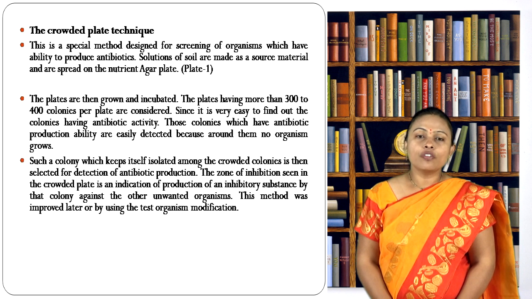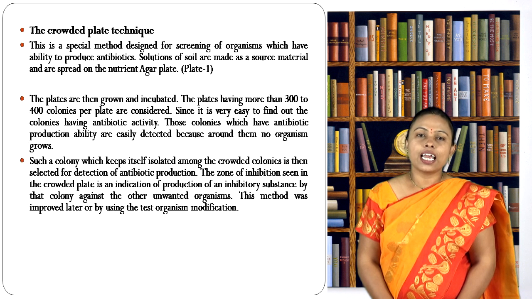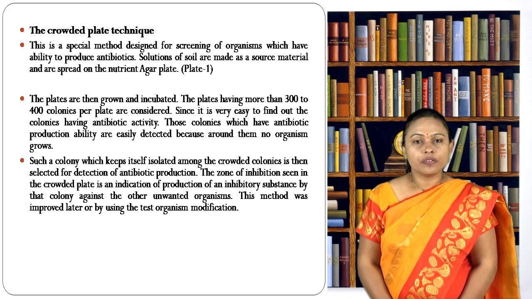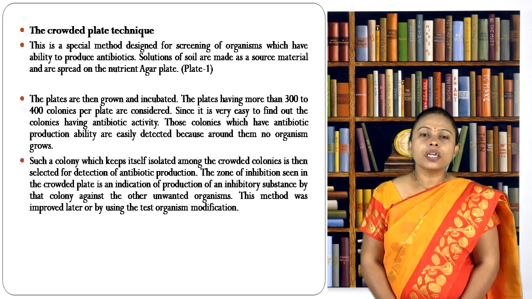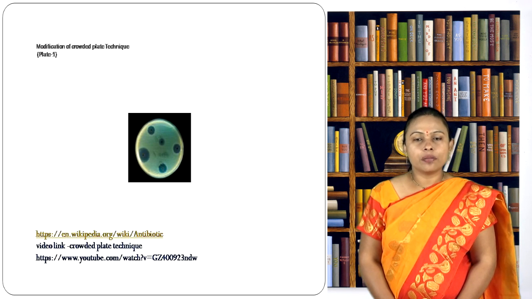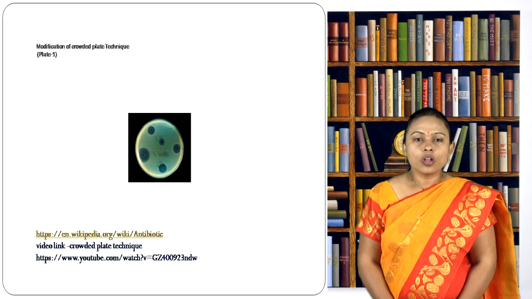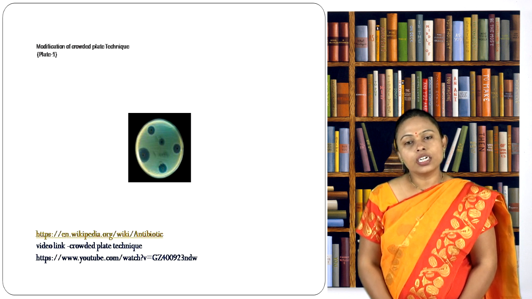The formation of a zone of inhibition around the colony indicates antibiotic activity. The diameter of the zone of inhibition is measured in millimeters. It is an approximation of the quantity of antibiotic produced by the various colonies. Those colonies having larger zones of inhibition are selected, purified and further tested.